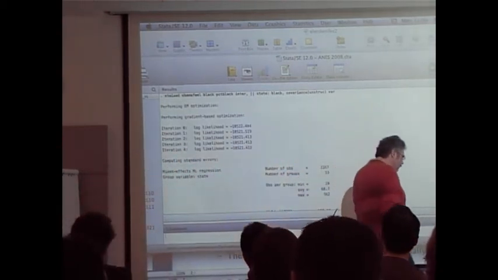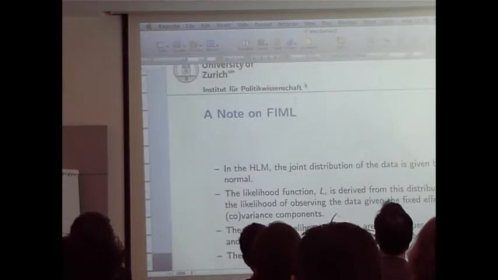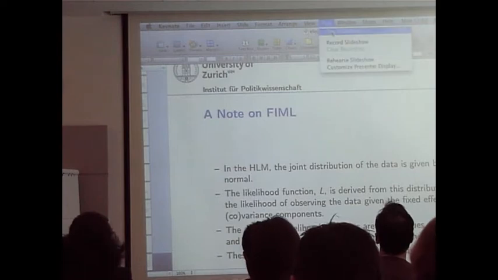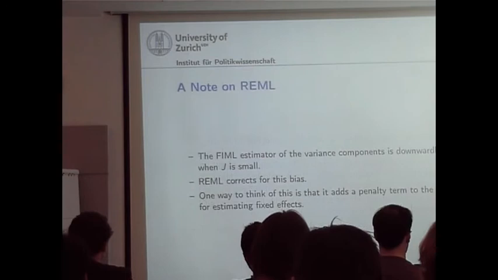And there is a variation on this, and that variation is restricted maximum likelihood. What does restricted maximum likelihood do?